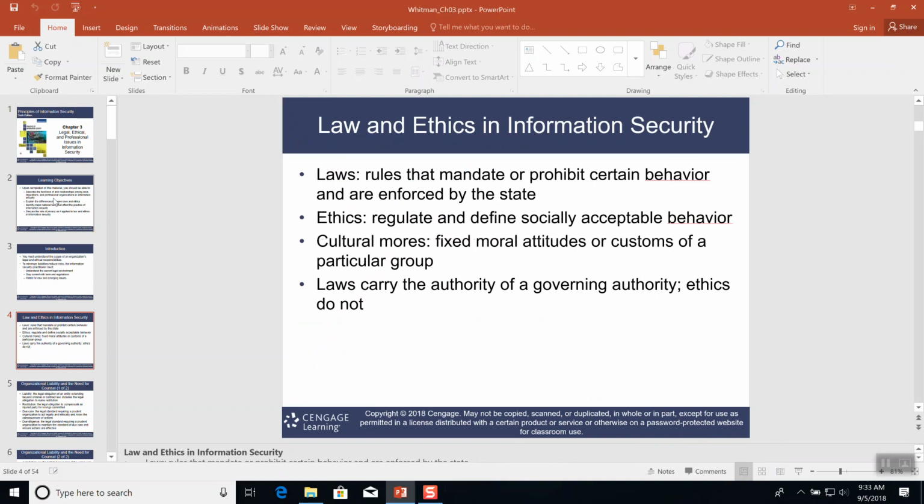Laws are obviously made by the state. Ethics is about what's acceptable behavior. Can they look at every email you send? The state? Or maybe, but your organization can. And how about schools? Can they look at your email? Yes, they can. I don't know.